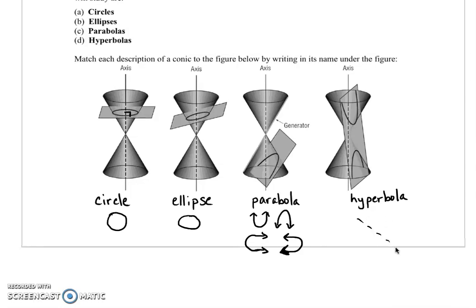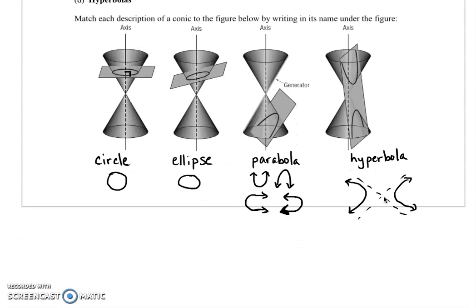So there's 2 lines like this, and the hyperbolas either go like this, or they can go in the other part. So we could have our dotted lines like this, and the hyperbolas can go in this part. And these dotted lines are asymptotes.